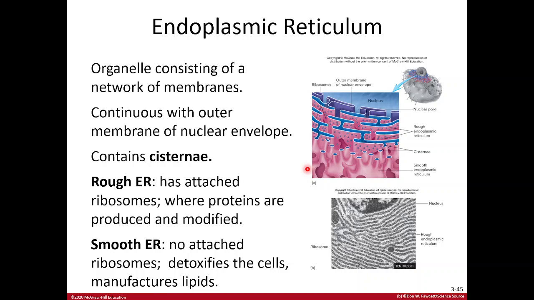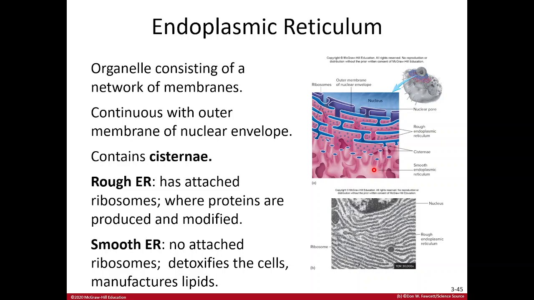destiny. Now, the rough endoplasmic reticulum, since it has these ribosomes attached to it, can be seen in this transmission electron micrograph as a series of stacks with a rough appearance. That's why it's called rough endoplasmic reticulum. Now, the smooth endoplasmic reticulum, which will be this, doesn't have any attached ribosomes.